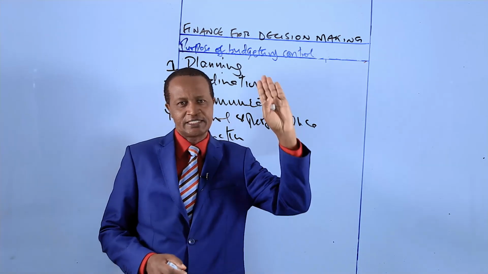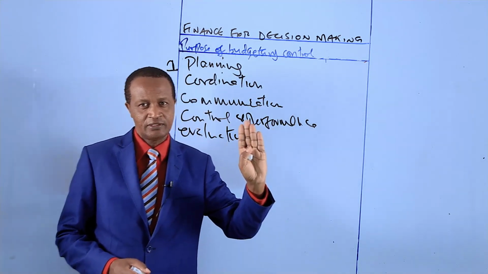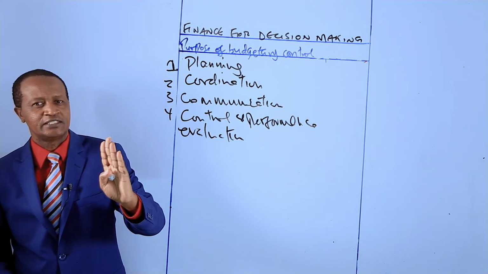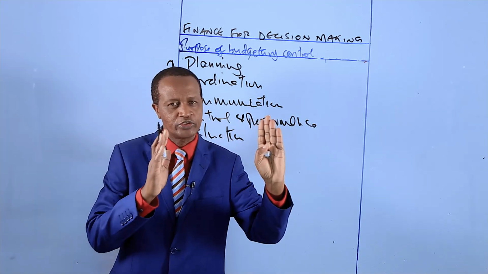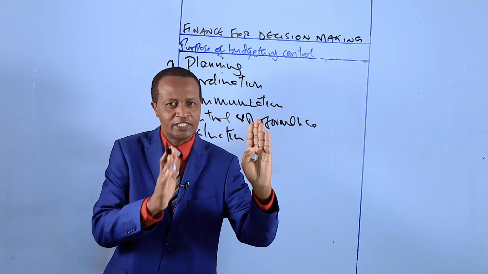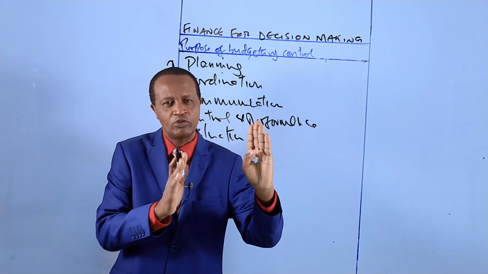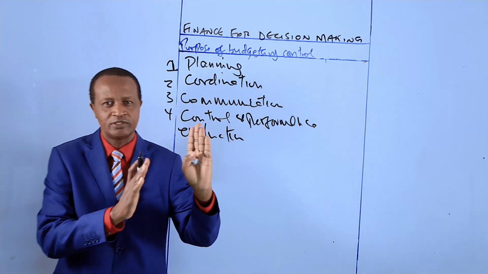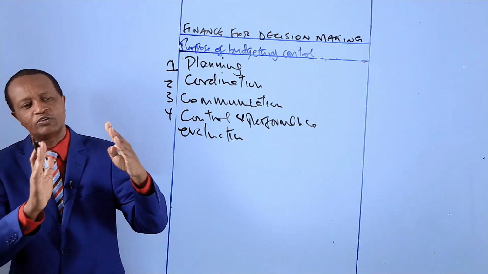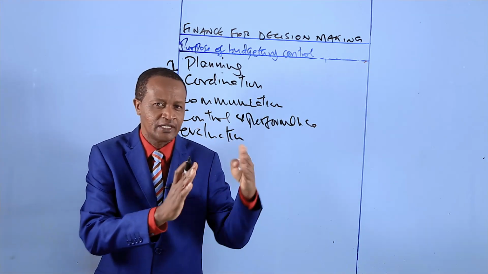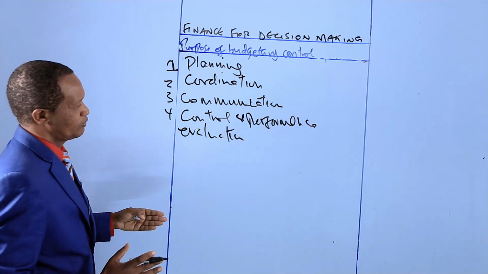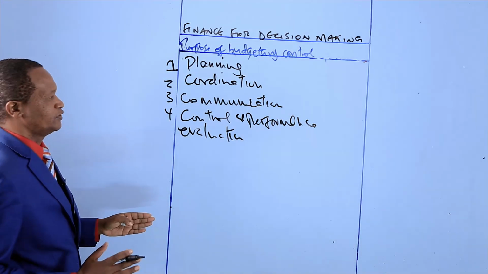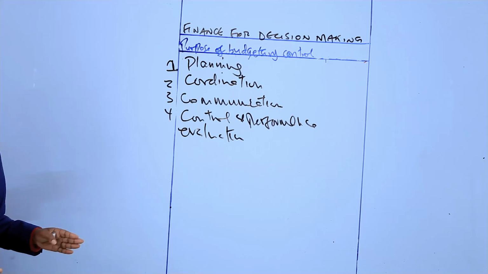A budget is like a standard against which actual results of each department is measured, and in case of any variance, then variance analysis is carried out, which involves identifying the differences and holding managers accountable. That's another purpose for budgetary control.